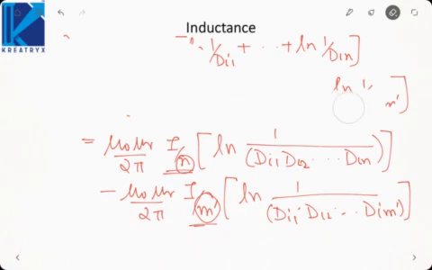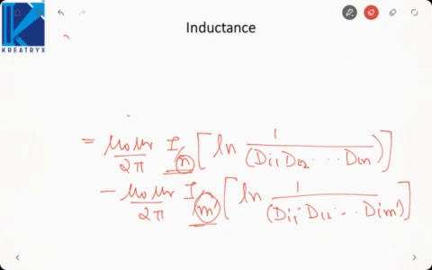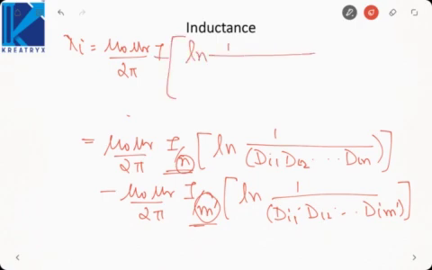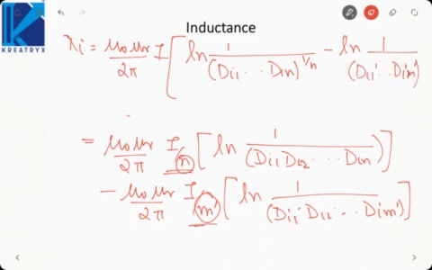So what will happen is, lambda I is mu naught mu r by 2 pi into I, the first term will be ln 1 by d I1 up to d In raised to power 1 by n, and 1 by d I1 dash up to d Im dash raised to power 1 by m dash.